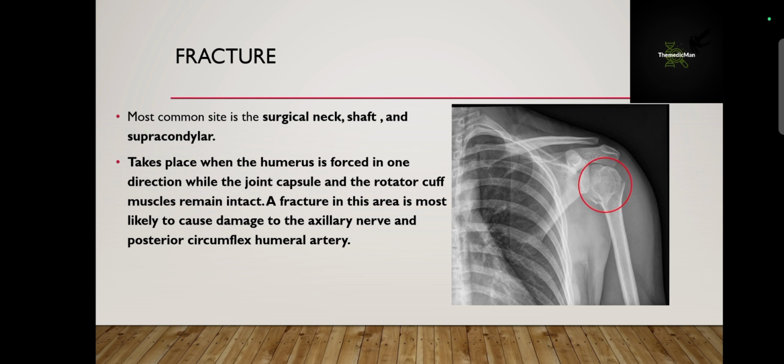When force is applied in one direction on the humerus while the joint capsule and rotator cuff muscles remain intact, a fracture in this area is most likely to cause damage to the axillary nerve and also the posterior circumflex humeral artery, which may hamper the movement of the humeroglenoid joint, or the glenohumeral joint, or the shoulder joint.